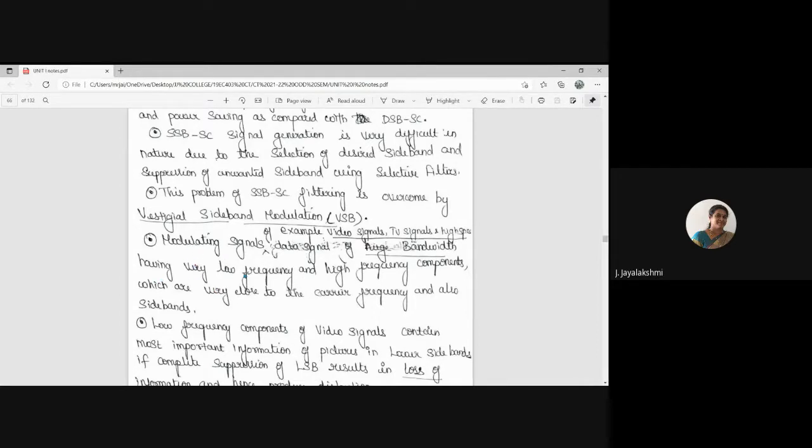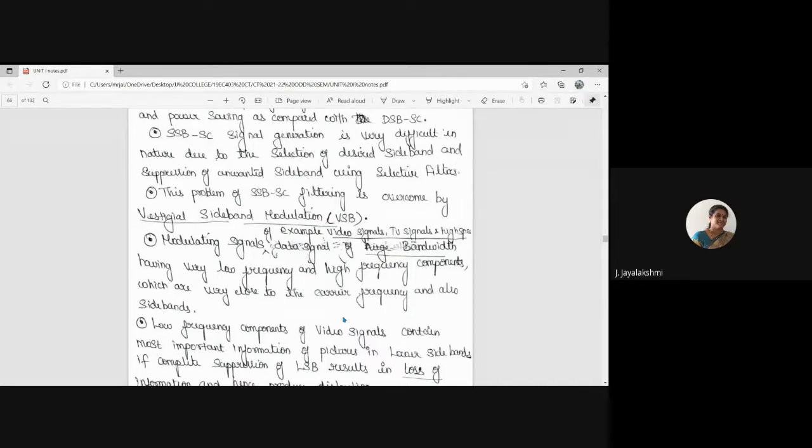How it is selected is, you are going to have a very low frequency, the lower sideband fully, and for the high frequency component, the upper sideband, you are going to choose the part which is very close to the carrier frequency. So you have to choose the signal in such a way that one of the sidebands is chosen fully, and the other sideband is partially chosen.